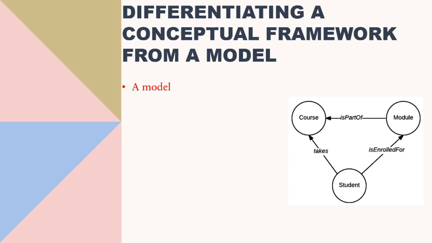Then, this part also distinguishes a conceptual framework from a model. So we see that a model represents a specific situation, whereas a conceptual or theoretical framework is much more general. And then also, we see that a model is narrower in scope. You find that it is looking at one or two relationships among the variables, or even three, and it is much more narrow than the conceptual or theoretical framework.